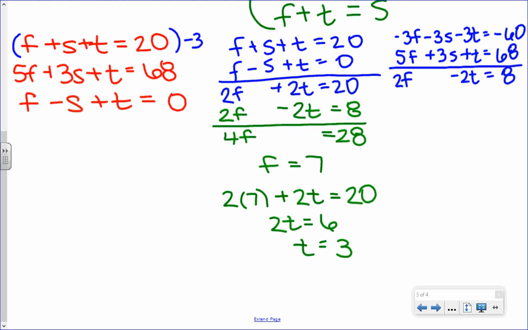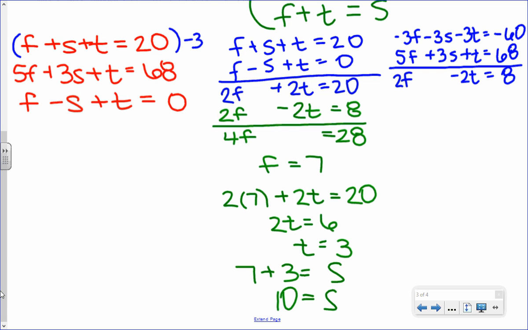Okay. Then we can come back even all the way up to here. F plus T equals S. So how many second place finishers do we have? We have 10. Yeah. Since you started out with F plus T equals S, couldn't you just start out by substituting the S in?